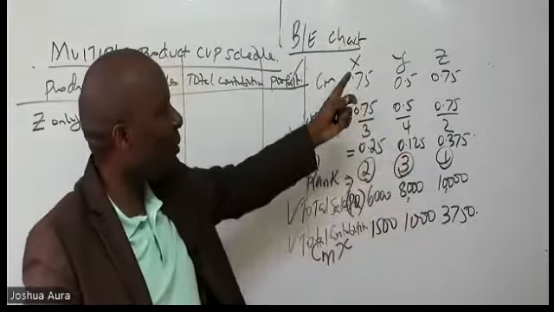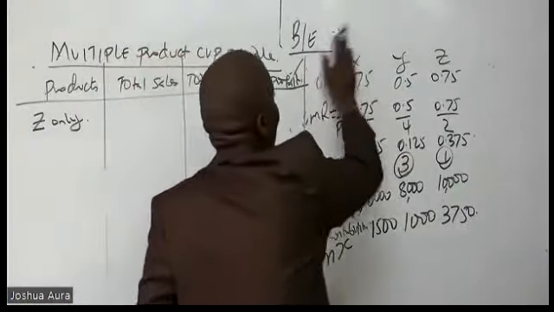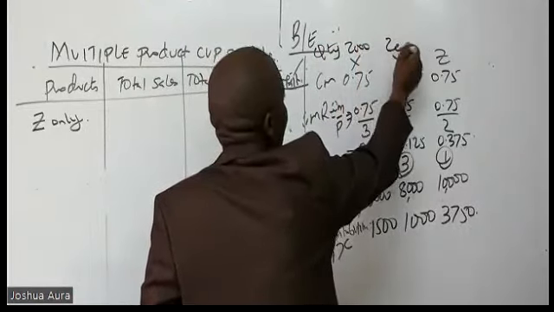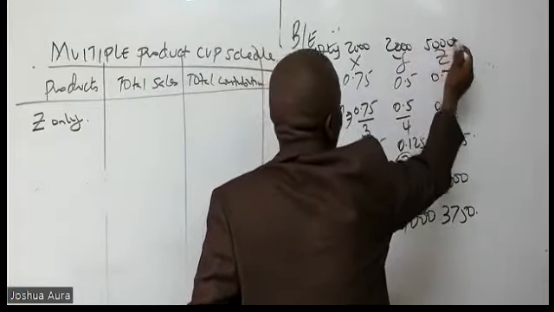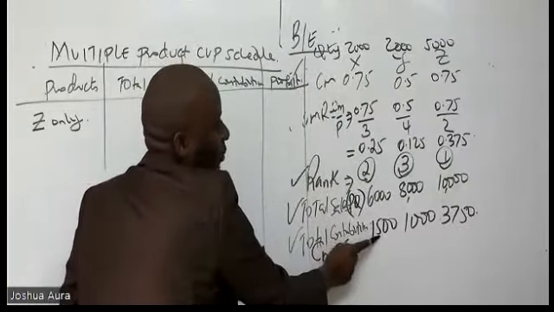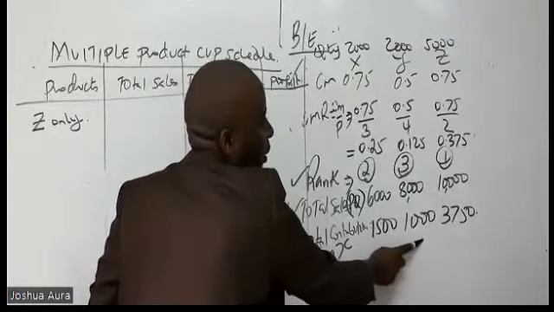If contribution for each unit is 0.5, and the quantities here are 2,000, this also helps the student who was asking how we got the figures. Taking this will give me this figure: 0.5 times 2,000 will give me 1,000.